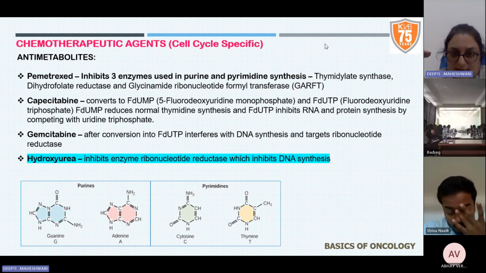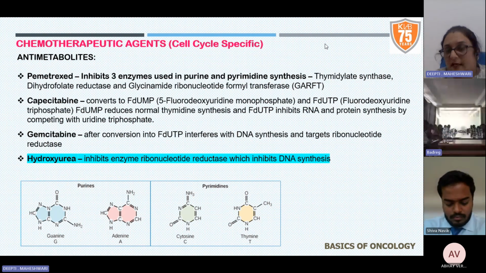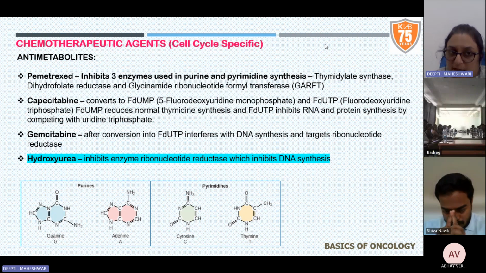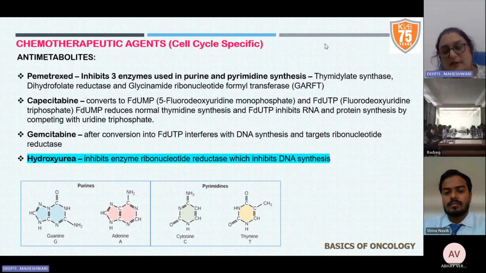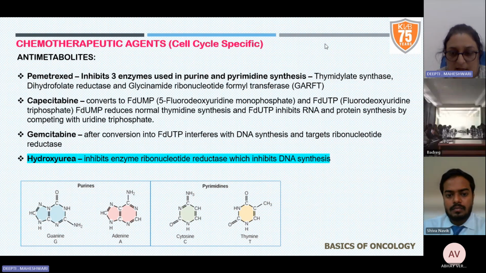If this enzyme is inhibited, then obviously the cell cannot undergo DNA synthesis. If DNA synthesis will not take place, then obviously the cell cannot multiply. The original cell also dies and further cell multiplication is also stopped. So we will be studying hydroxyurea and methotrexate in detail when we go to the product.